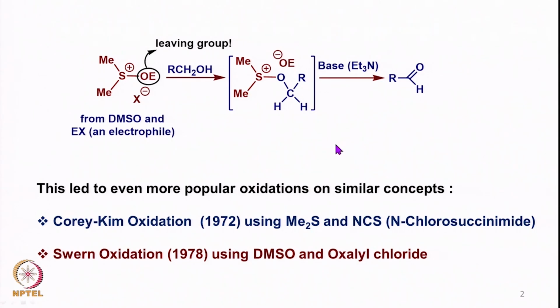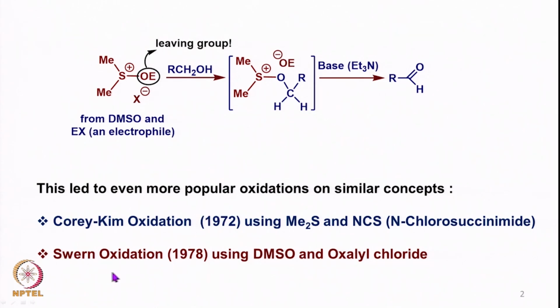Now these types of studies have led to even more popular oxidations on similar concepts. Today we will discuss these oxidations. The first one is Corey-Kim oxidation, that was developed in 1972, where they used dimethyl sulfide and N-chlorosuccinimide as a reagent combination to give a similar type of species, and therefore conceptually it is very similar to what we have discussed so far.